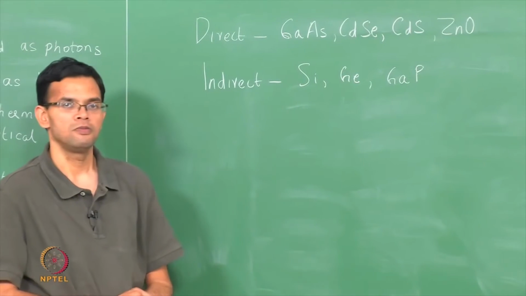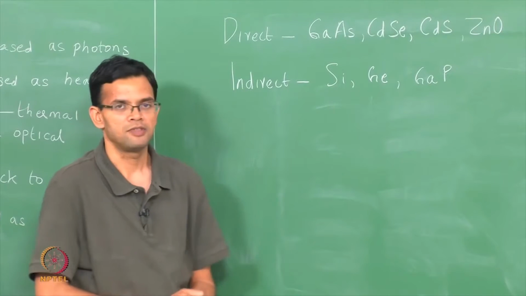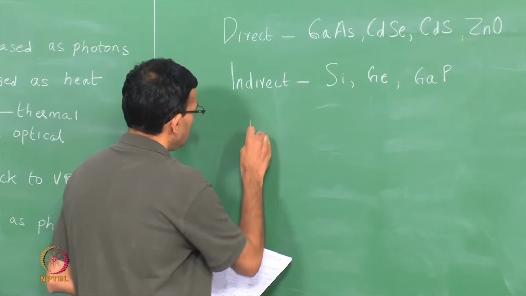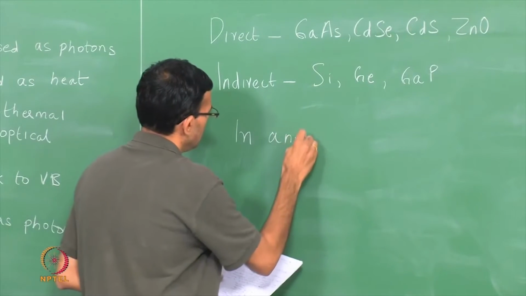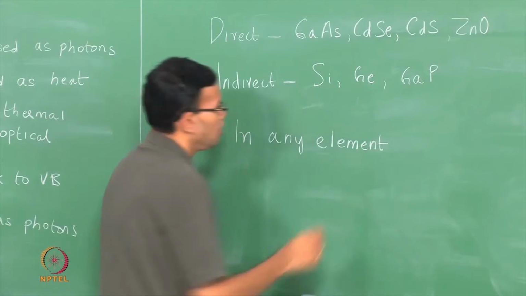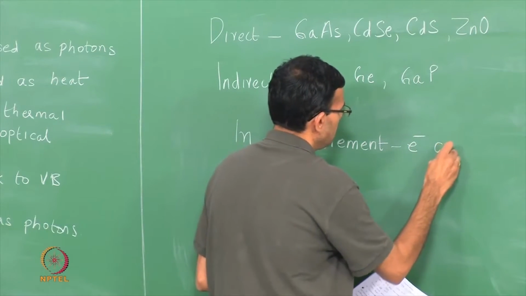So, what I will do is give you a very simple picture of the band structure in the case of semiconductors. In any element, your electron in the solid can be treated as a wave.